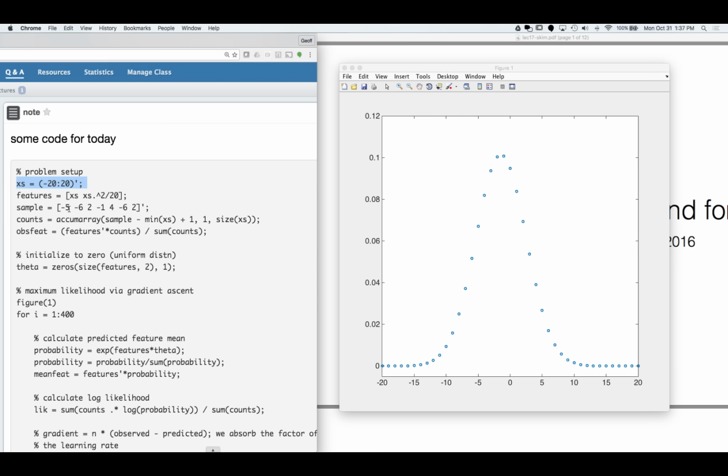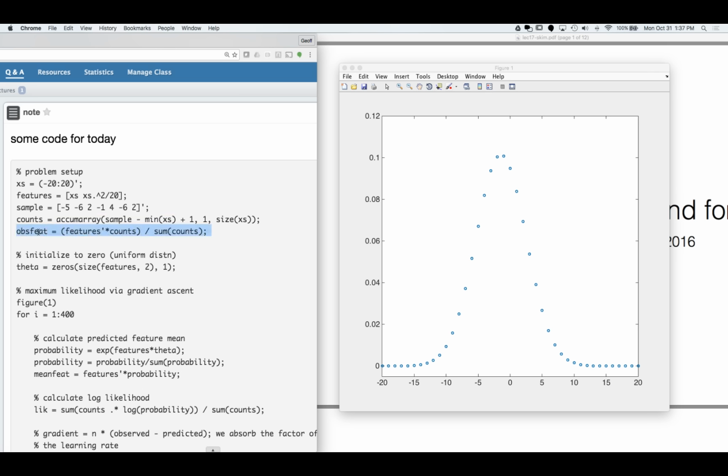For example, in the entry corresponding to -5, there'll be a 1, and in the entry corresponding to -6, there'll be a 2, and in the entry corresponding to -20, there'll be a 0, because -20 doesn't appear in this sample. All right?